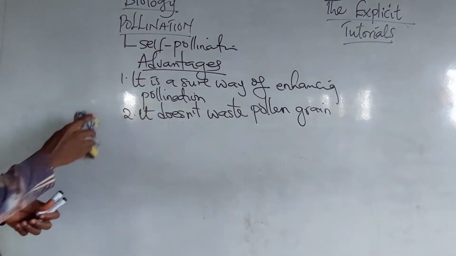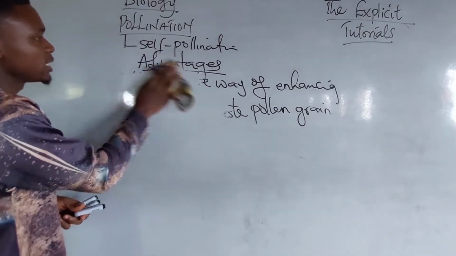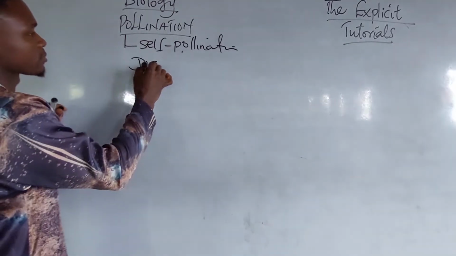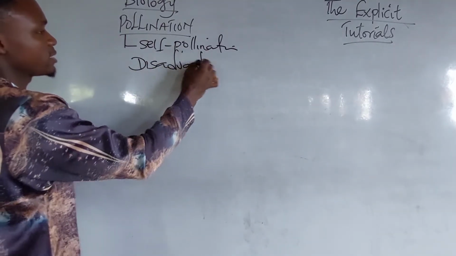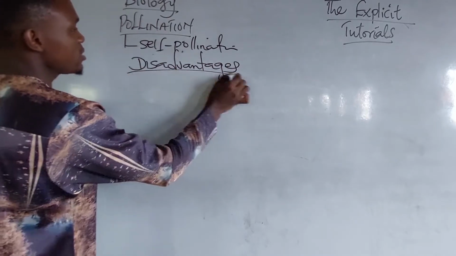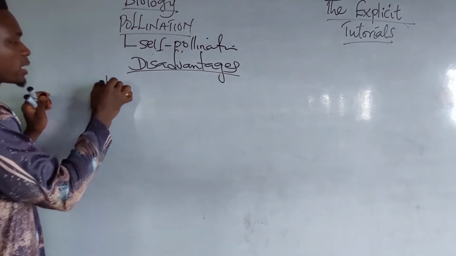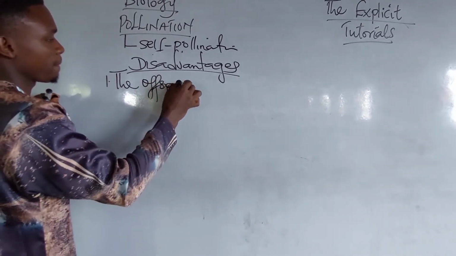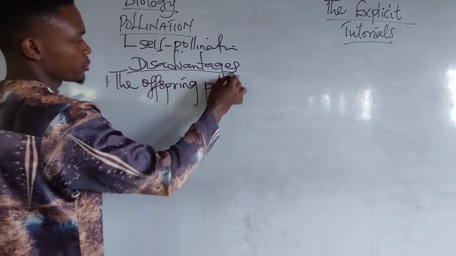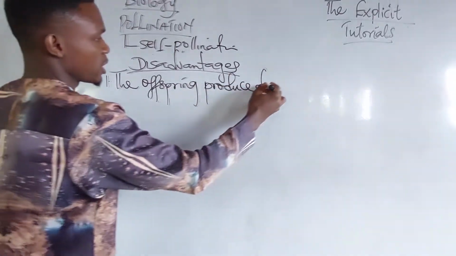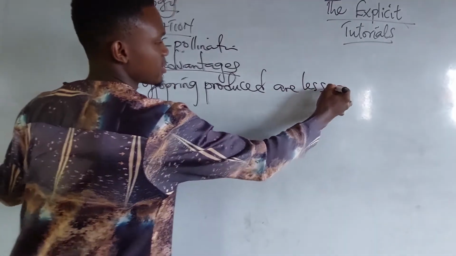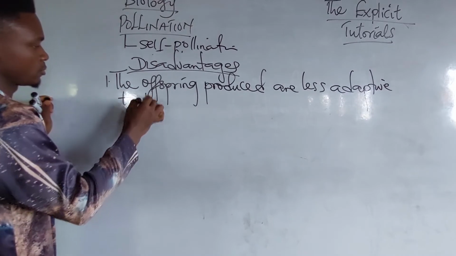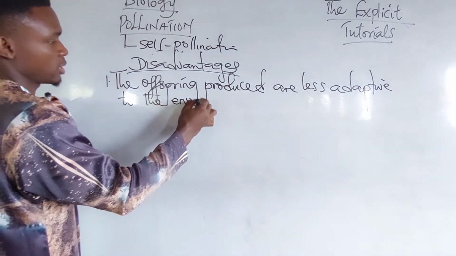Now, what are the disadvantages of self-pollination? Since it involves just one parent, the offspring produced are less adaptive to the environment.